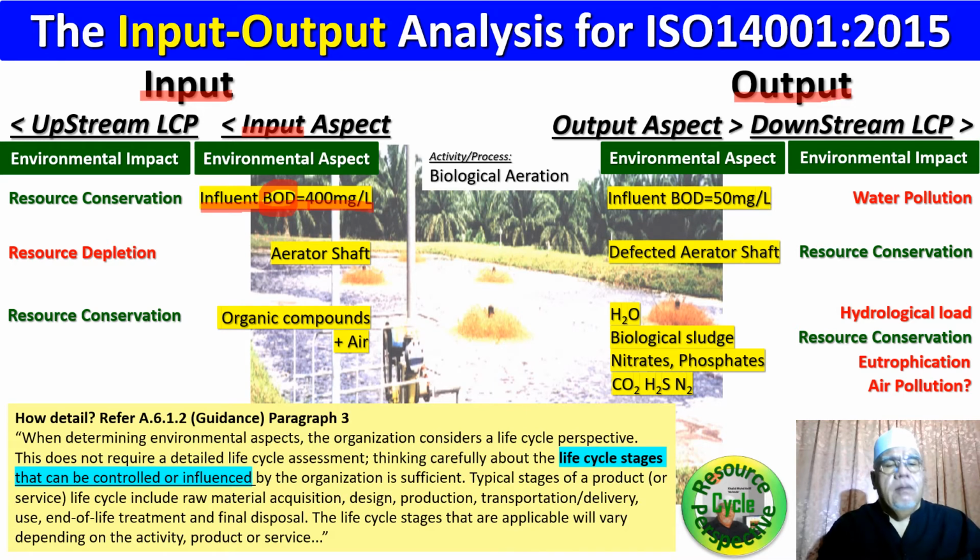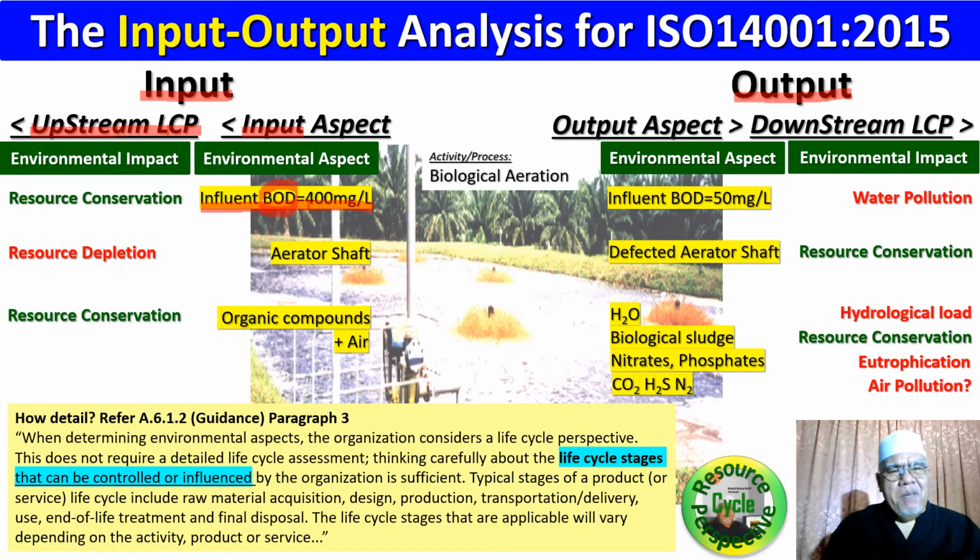How do you know that? Well, we have to look at the upstream of its life cycle perspective. Where do these organics in the BOD come from? They come from the effluent discharge from the factory, from the hydrocyclone, from the autoclave. Where does it come from? From processing of palm oil fruits. Where does it come from? Palm oil crops. So, palm oil crops are replantable.